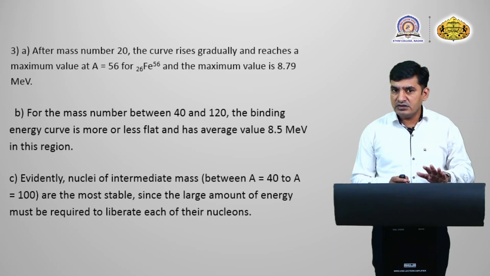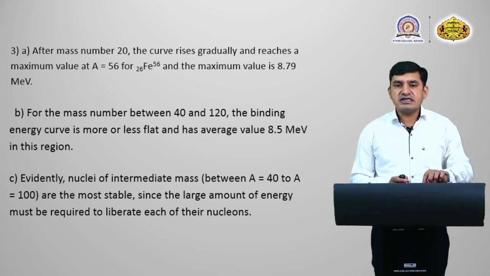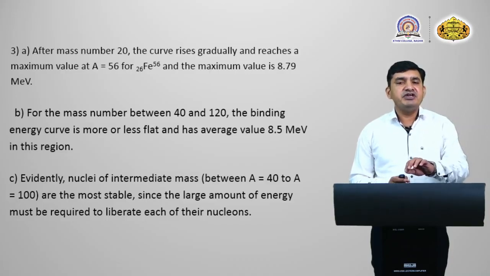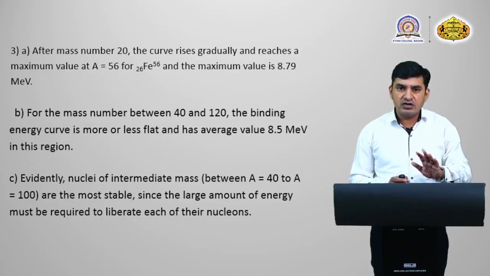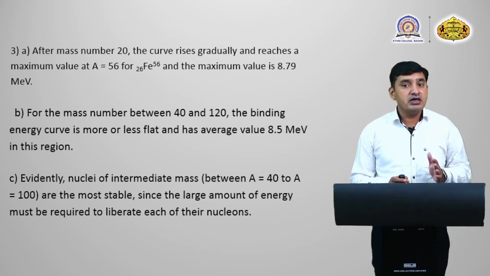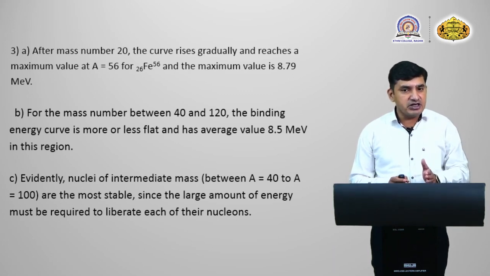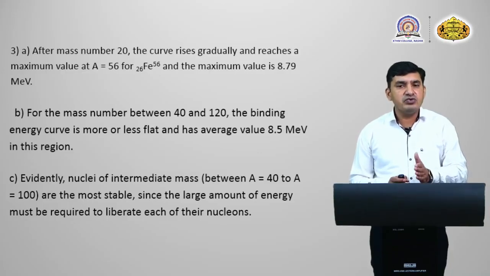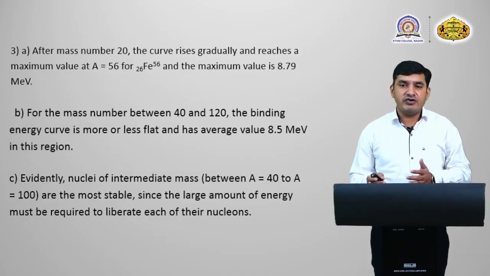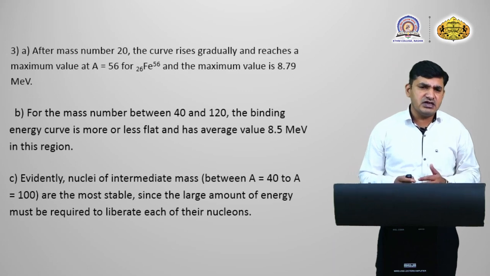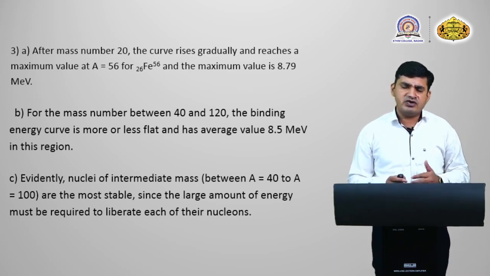Here, for mass number 56, the binding energy per nucleon is 8.79 mega electron volt for iron. Between mass number 40 to 120 it is 8.5 mega electron volt, the average binding energy per nucleon.